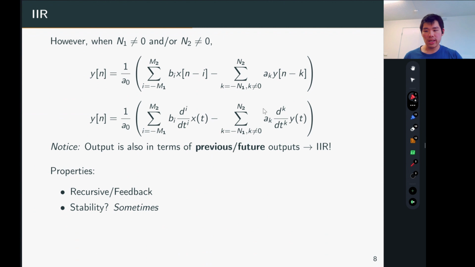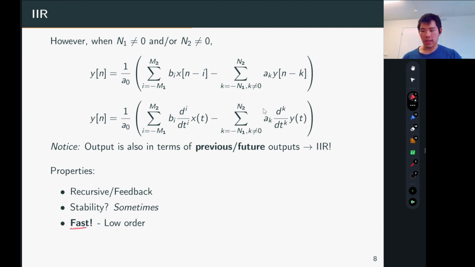And how about the stability? Sometimes it depends on the system, the difference equation itself. Sometimes it's stable, it's nice. Sometimes it behaves quite crazy, so we can't really tell. And it is fast, low order. That means for the same filtering effect, fewer orders are needed for the IIR filter compared to the FIR filter, so the amount of computation is smaller.